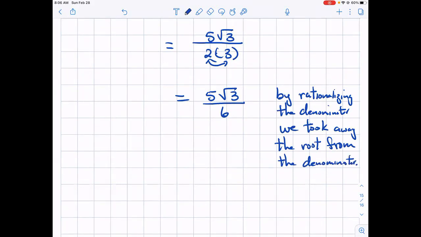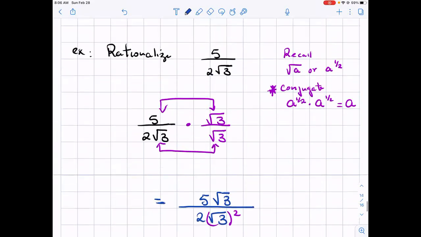Okay? If we had said to rationalize the numerator, we would have taken away the root from the numerator. In this example, there was no root in the numerator. So the only thing we could have done was take away the root from the denominator.